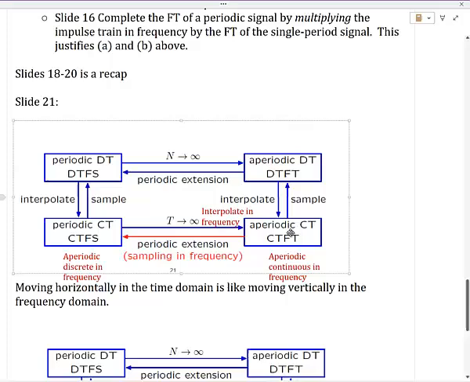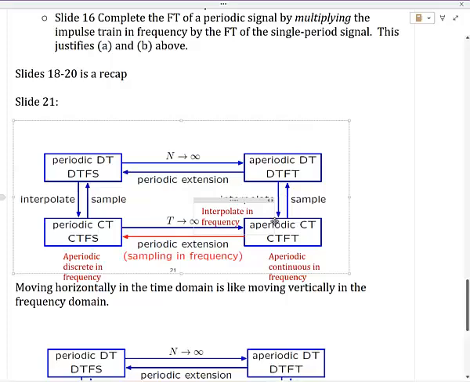If the frequency change is just like the time change up here, sorry about my mouse, the frequency change across is the same as the time change vertically. From here to here in frequency is like going from here to here in time. That means going from here to here in time is like going from here to here in frequency.